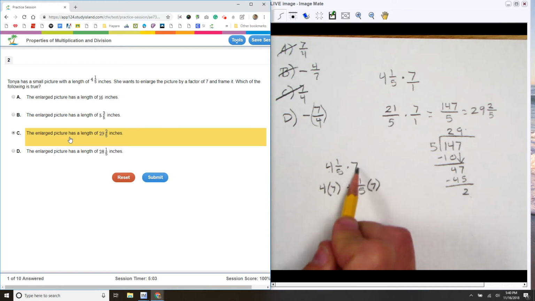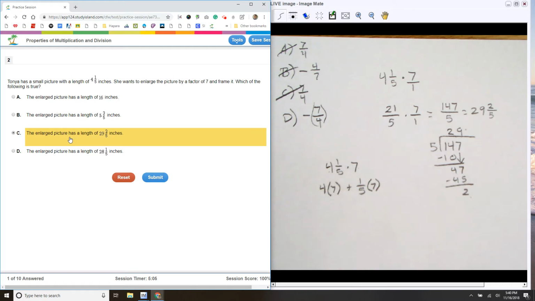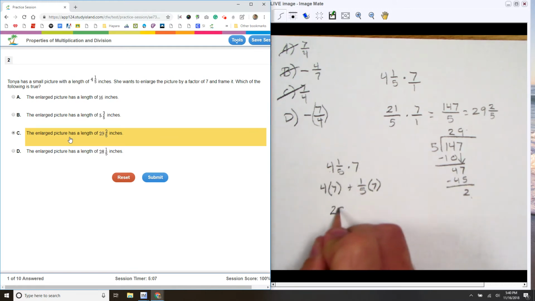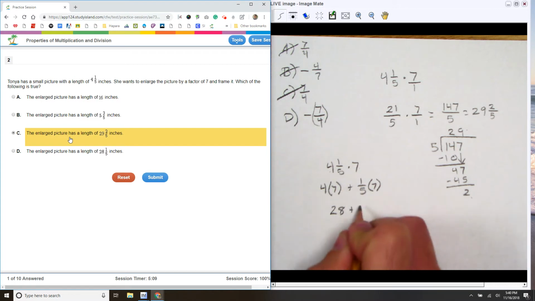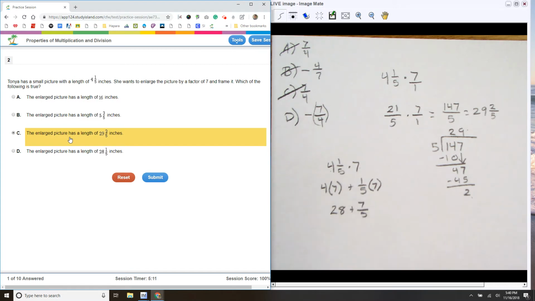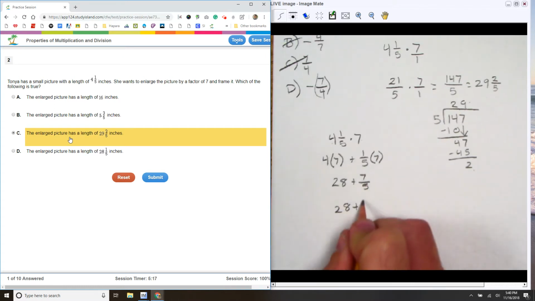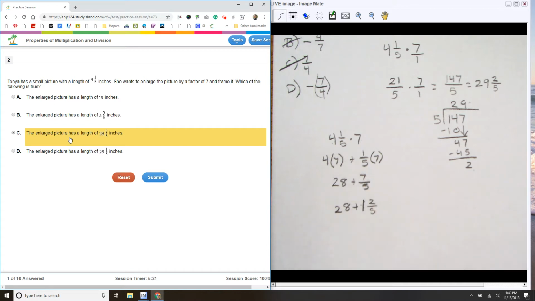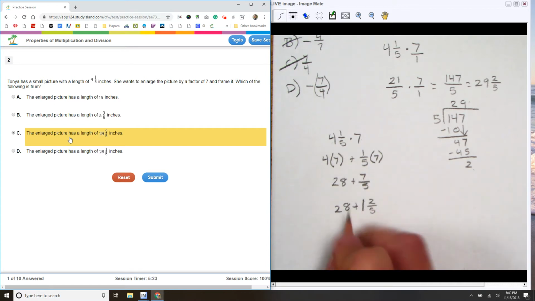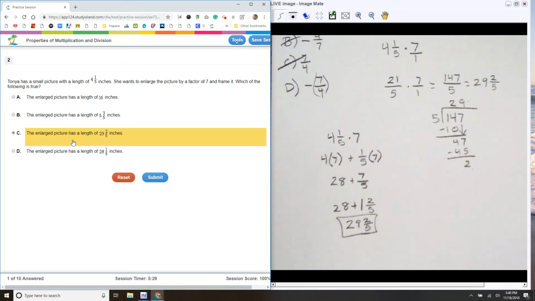You could do the 4 times 7 and the 1/5 times 7 and just add them together. 4 times 7 is 28. 1/5 times 7 is 7/5. And then 28 plus 7/5 is 1 2/5 because 7 divides by 5 once with 2 left over. So 28 plus 1 is 29, and you get your 29 2/5. To me, that's an easier way to do the problem, but either one will work.